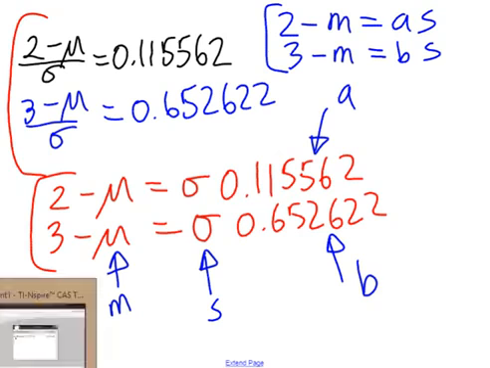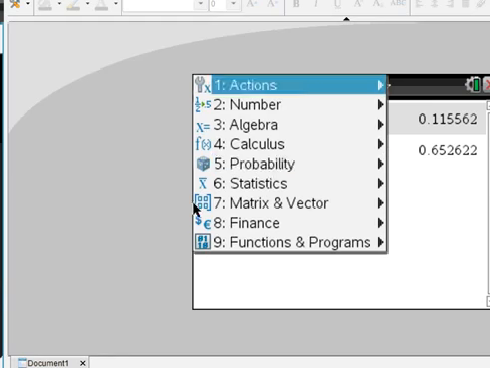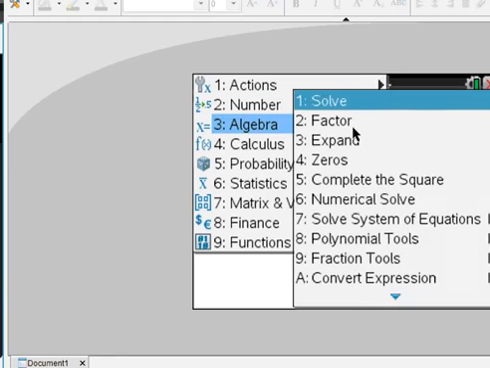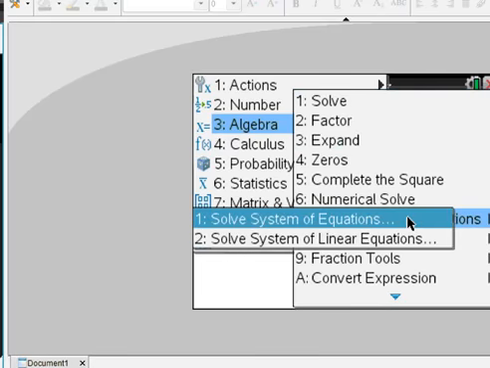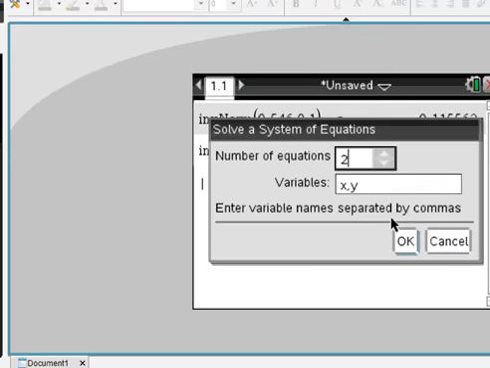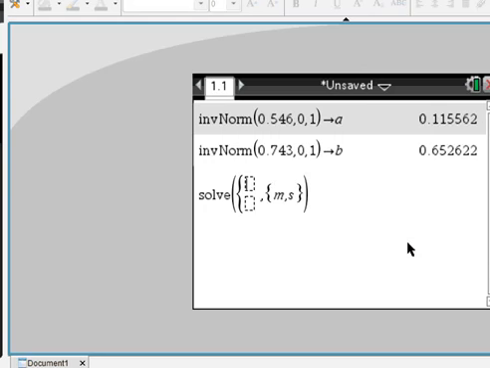So you might not know this, but we can do simultaneous equations. Algebra, solve system of equations, number of equations 2. The variables are not x and y, it's m and s. Then the equations are 2 minus m equals a times s, and 3 minus m equals b times s.